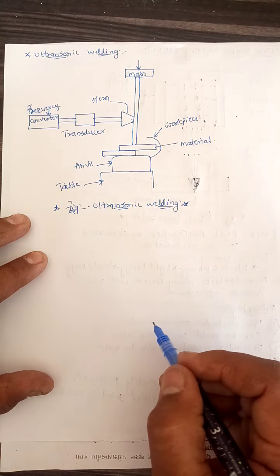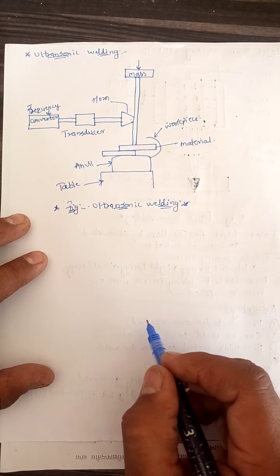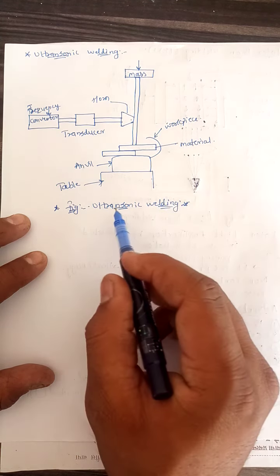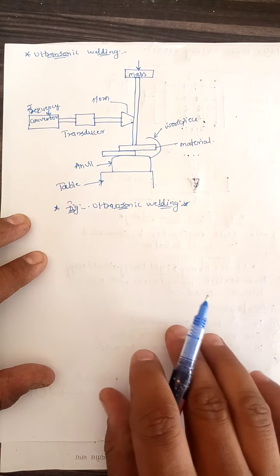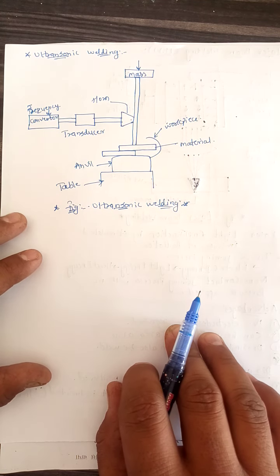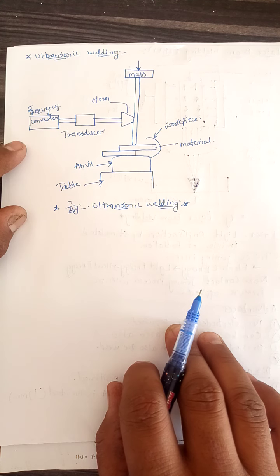Now see here, the two main components of ultrasonic welding are the horn and the transducer. The first component is the frequency converter, which converts low power to high power.